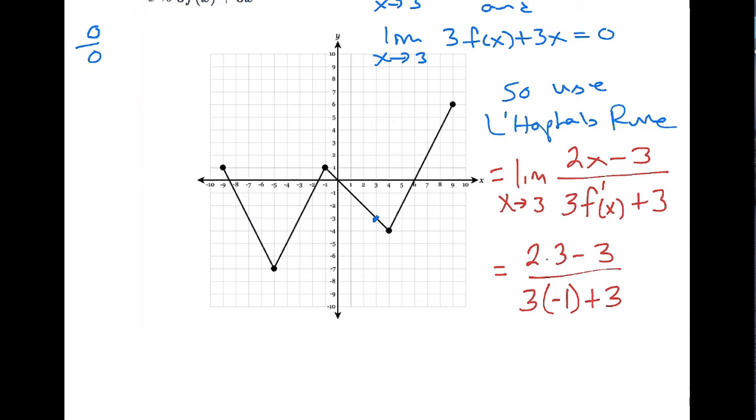Now, if you look at this situation, this is undefined, because if you think about what's happened, and I'm not going to use arrows or equal sign because I don't want to write something where I'm dividing. Notice I'm dividing by 0. Notice that this is 3 divided by 0. That means the limit does not exist.